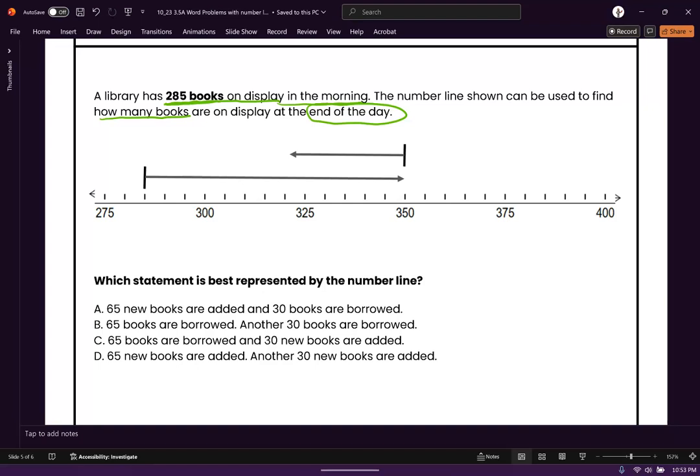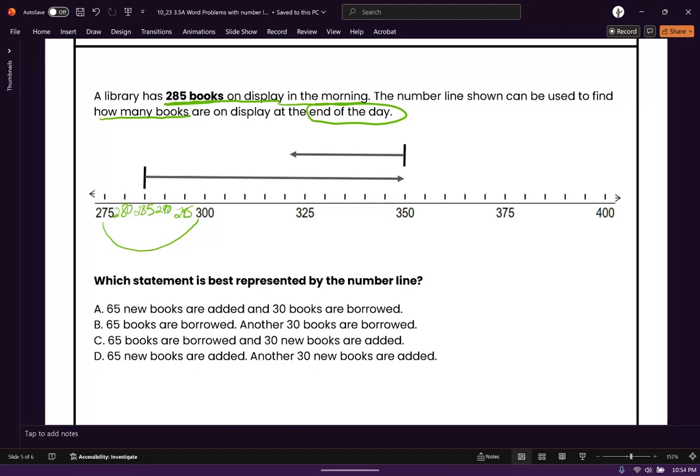Which statement is best represented by the number line? Well, we know that we started at 285. So we have 275 to 300. So we have to see how much is in between here. We know this is 275, 280, 285, 290, 295, 300.